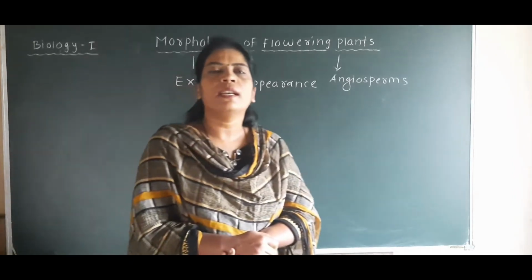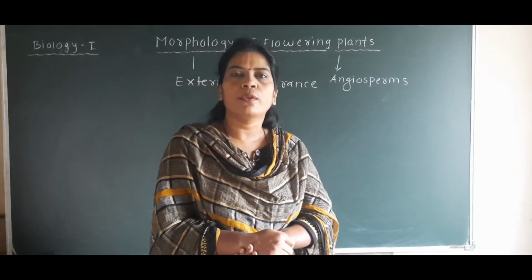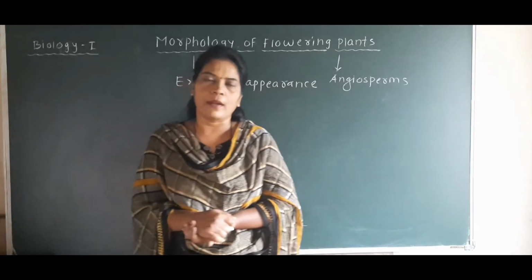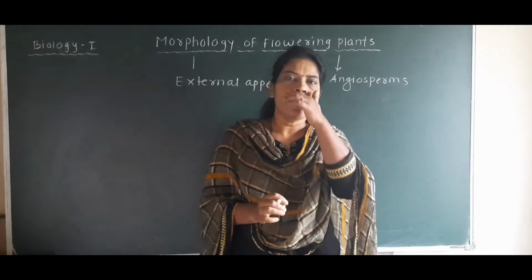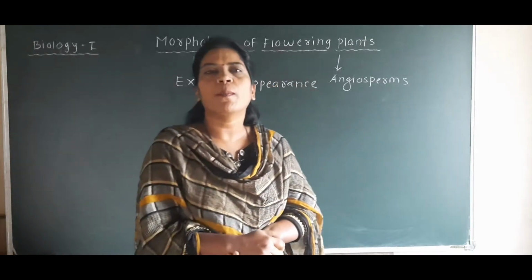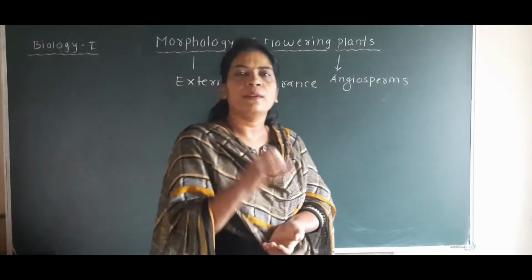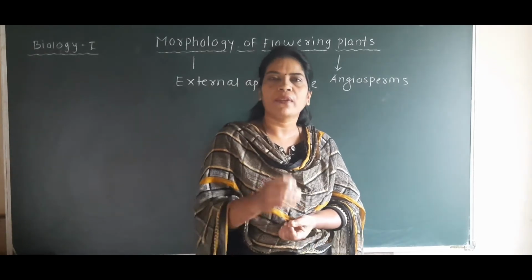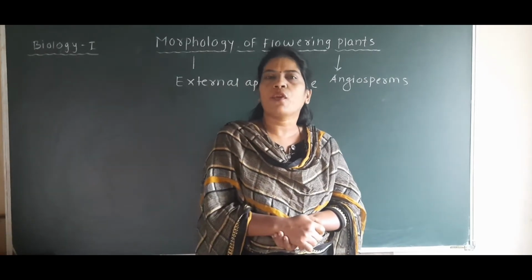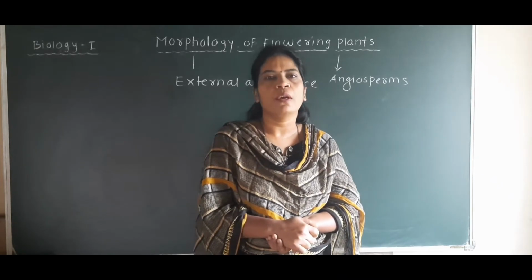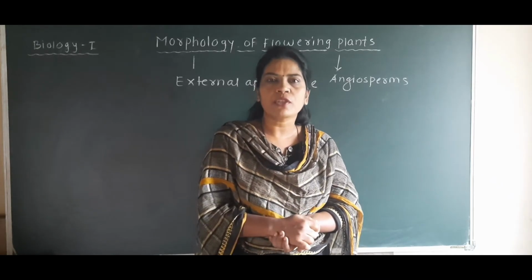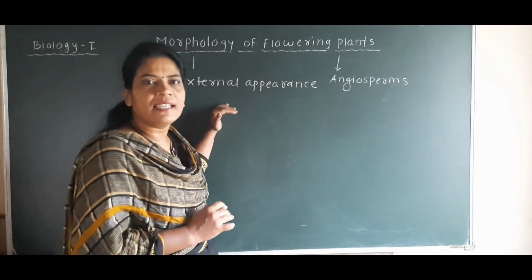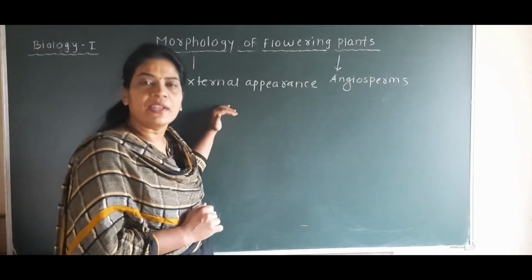It is a very interesting part, but there are various types of examples included in root, stem, leaves, flower, fruits that we have to remember by different tricks. Otherwise the topic is very interesting. So keep attention from first to last lecture.